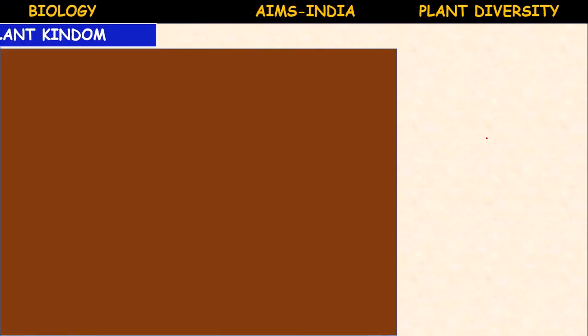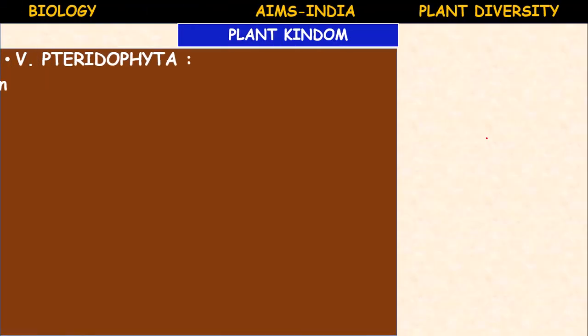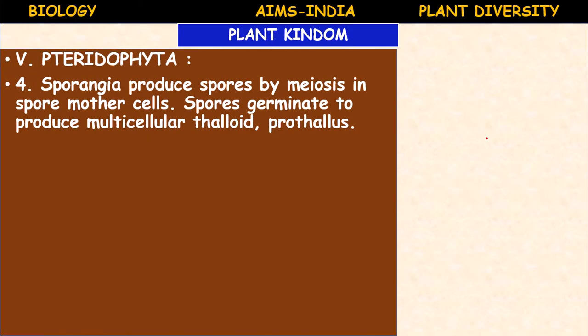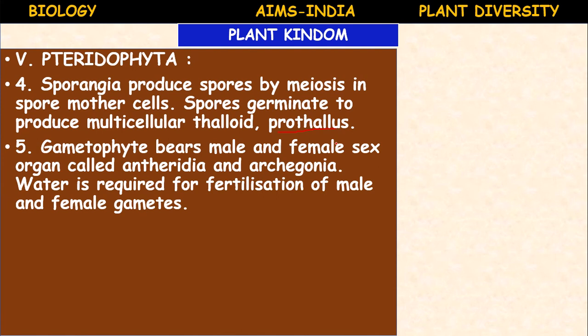Next, the sporangia produce spores by meiosis in the spore mother cells. The spores germinate to produce a multicellular thalloid prothallus. The gametophyte bears male and female sex organs called antheridia and archegonia.